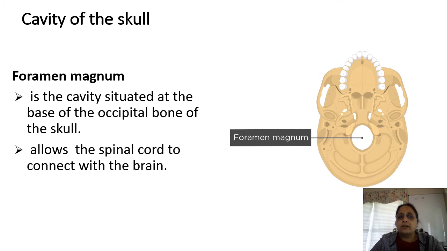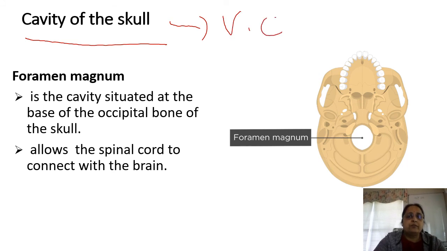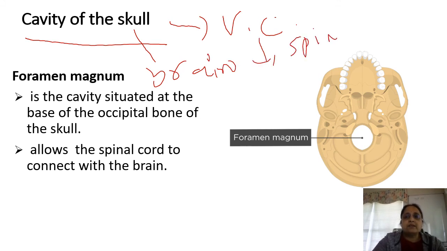Okay, next we will discuss the cavity of the skull. The skull is continuous with the vertebral column. So the skull has the brain, and the vertebral column has the spinal cord. But this spinal cord emerges from the brain and has to pass into the vertebral column.